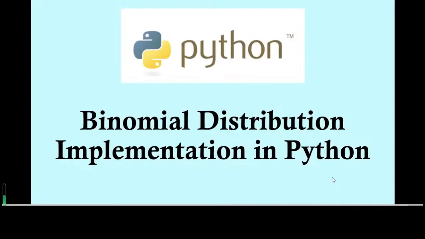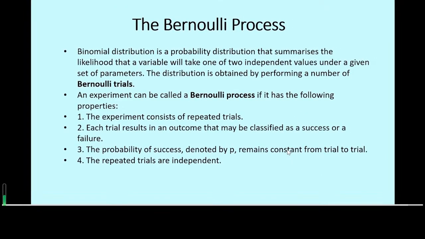In this video, we will introduce binomial distribution and show how to draw binomial random numbers in Python. Binomial distribution is a probability distribution that summarizes the likelihood that a variable will take one of two independent values under a given set of parameters.